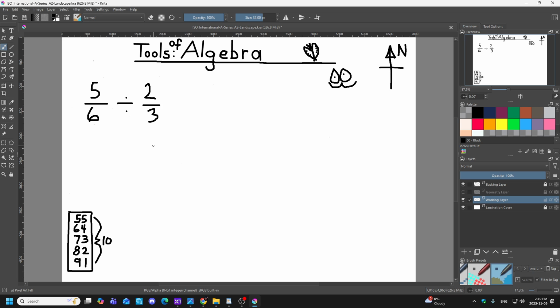Working with fractions, whether you are multiplying or dividing, it truly is super easy. Let me show you how. So, we begin with the first fraction. It remains unchanged.